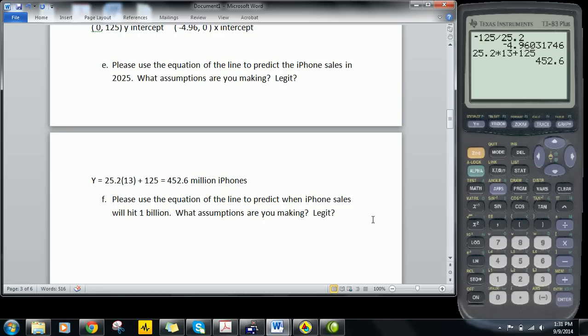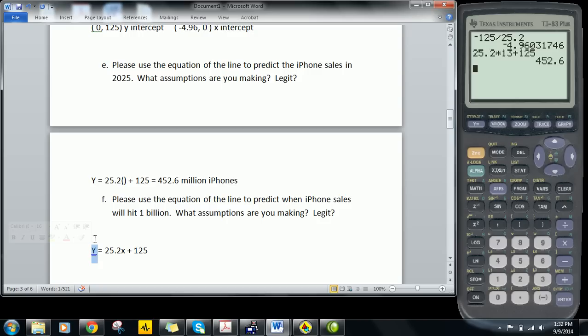Now I want to finish this up. I want to use the equation of the line to predict when iPhone sales hit 1 billion. So instead of plugging in for my independent variable, I'm going to plug in this value for my dependent variable. So here's my original equation of the line. Remember, y is the number in millions of iPhones sold.